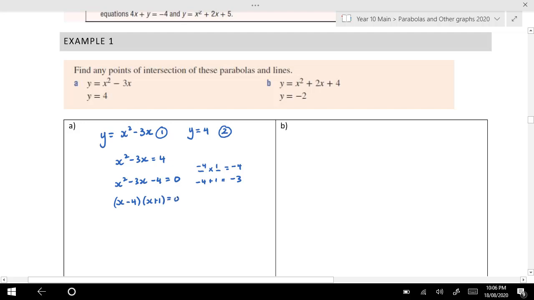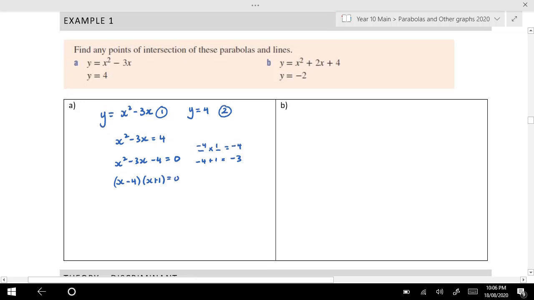All right, so now we know, using the null factor law, that gives me two solutions. x would be equal to 4, or x is also equal to -1. All right, so now that we've found that, we can go ahead and substitute in the equation. But as we know, it's the line y equals 4 which is intersecting.